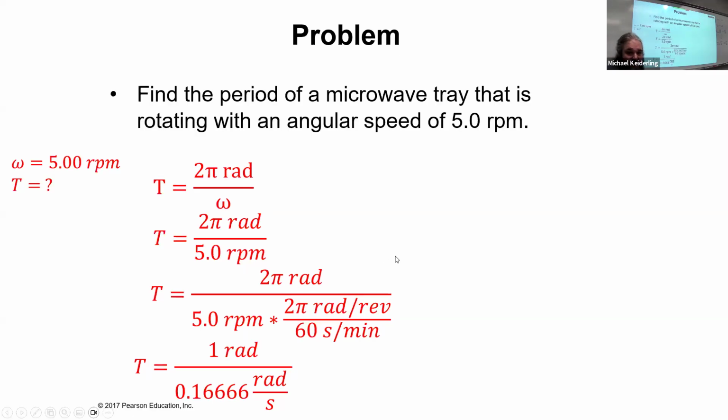And it would be 1 radian over 0.16666 radians per second, where I'm canceling the 2 pi here and getting 12 seconds. I just made a mistake in that write-up. I'm going to replace these slides anyways, so they'll get updated.